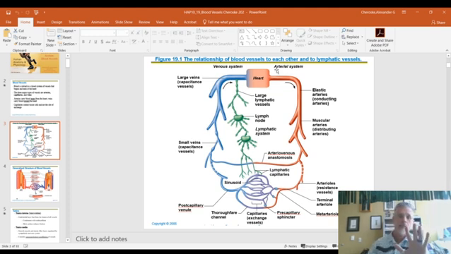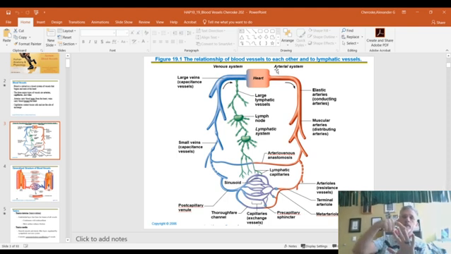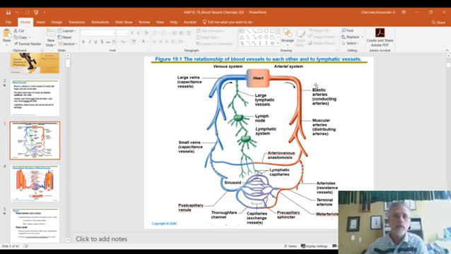So the 5 basic types are arteries, arterioles, capillaries, venules, and veins. But in addition, like you can see from this slide, there are 2 different types of arteries, both elastic and muscular. And then with the capillaries, there are 3 different types of capillaries. So really, you have a number of choices about what you discuss if you get this short answer question.